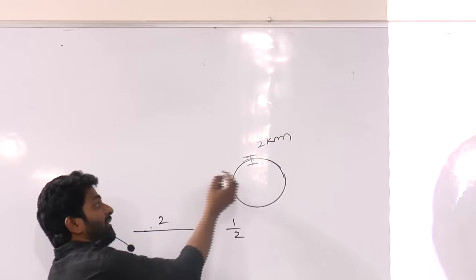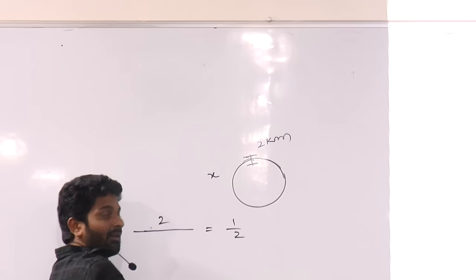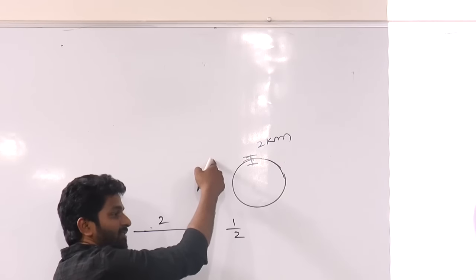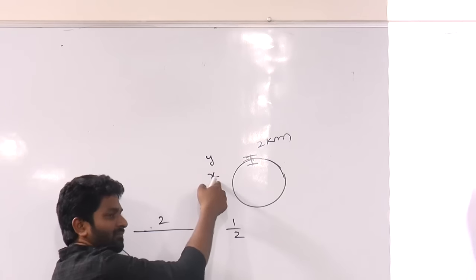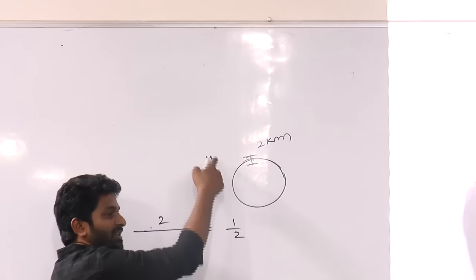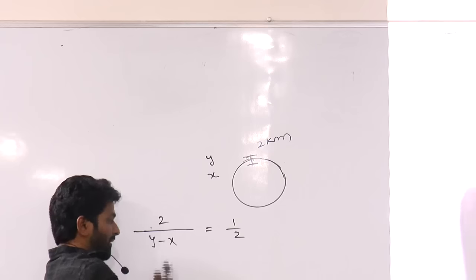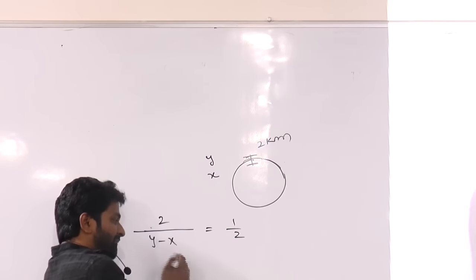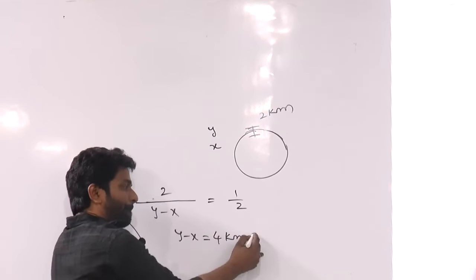Let's say slower one speed is x kilometer per hour, and you need to calculate the faster one. Relative speed in the sense, let's say if it is y, relative speed is s1 minus s2, y minus x. From this relation you can say y minus x is equal to 4 kilometer per hour.